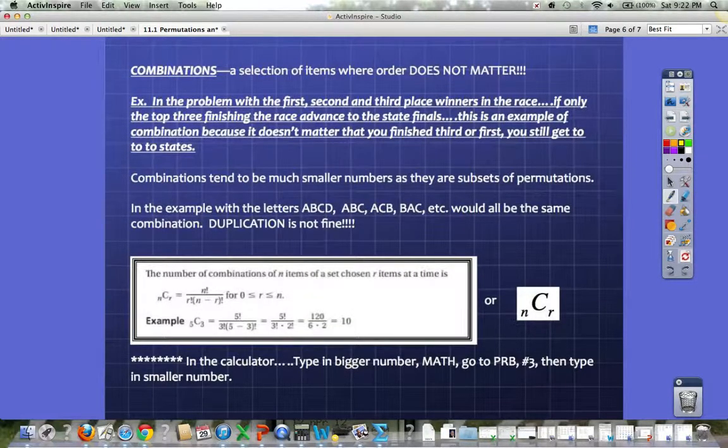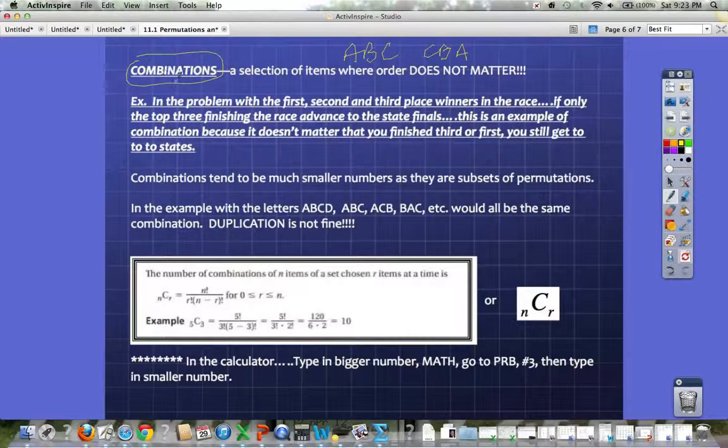Alright, a selection of items where the order does not matter is a combination. This is the other kind. So in a permutation, we would count A, B, C and C, B, A as two different arrangements.